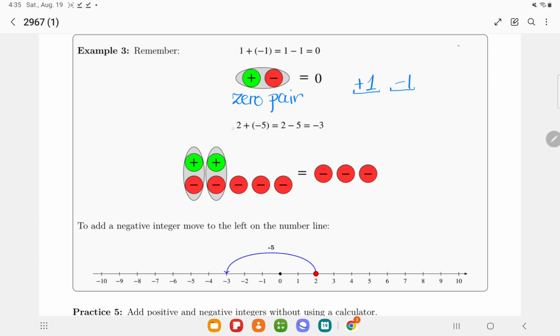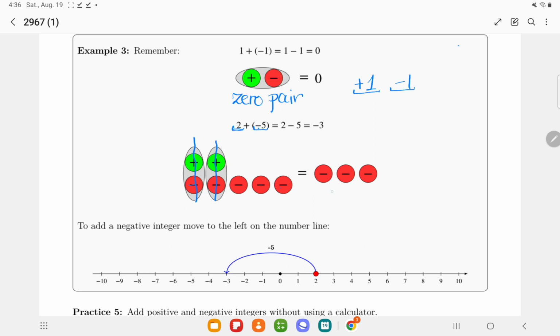What if we have 2 positive and 5 negative? This is represented by 2 positive integers. -5 is 5 negative signs. Remember that 1 positive and 1 negative gives us 0. It cancels out. +1, -1 is a 0. So we end up with 3 negative.